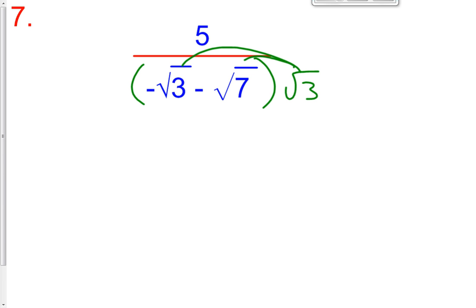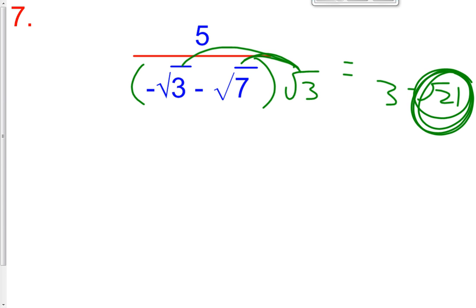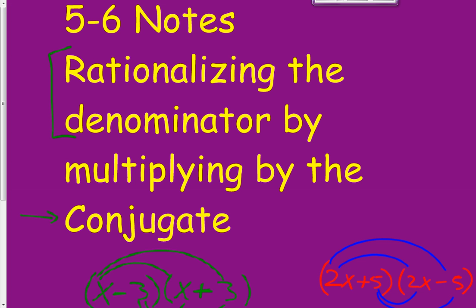So a negative square root of 3 times the square root of 3 is negative 3, which helps. But now I don't have a rational number when I do the second term, because a negative square root of 7 times the square root of 3 is a negative square root of 21. So I still have this radical here, and I can never ever have a radical in the denominator. So multiplying both top and bottom by square root of 3 does not help, nor will multiplying both top and bottom by the square root of 7 help.